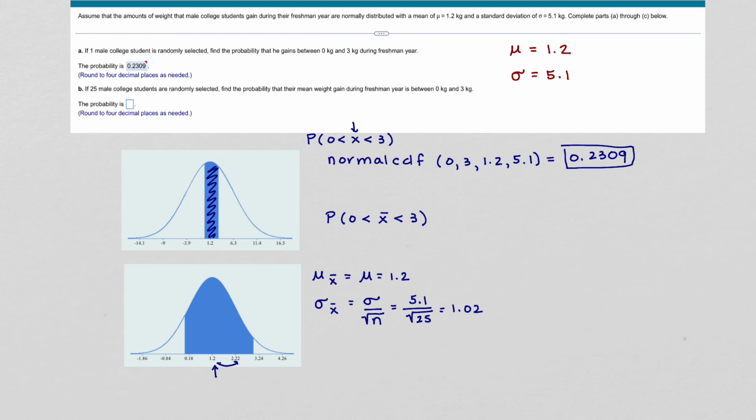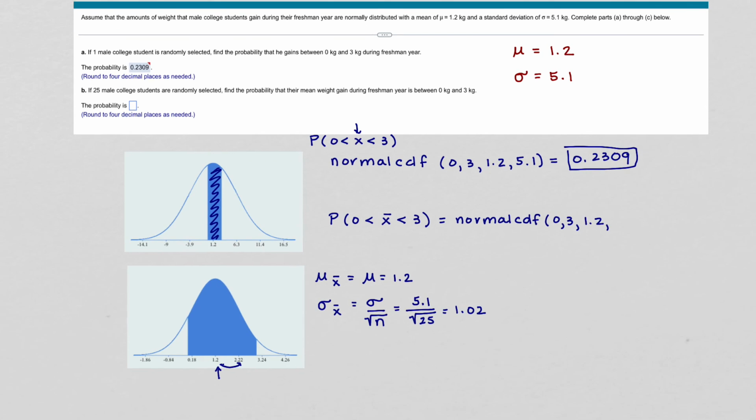So when we calculate this probability, now we're going to use normal CDF. Zero and 3 are still our limits. The mean is still 1.2, but now the standard deviation is 1.02.